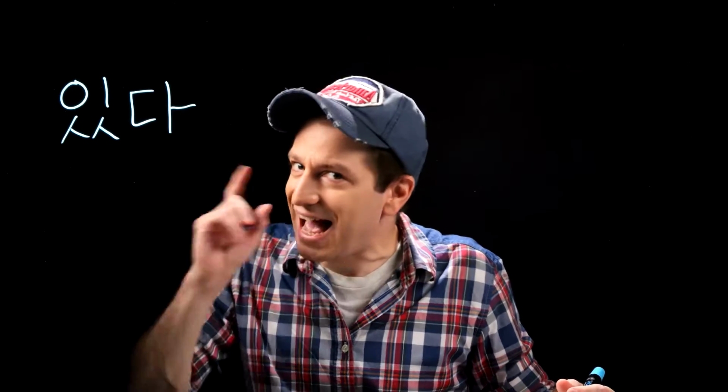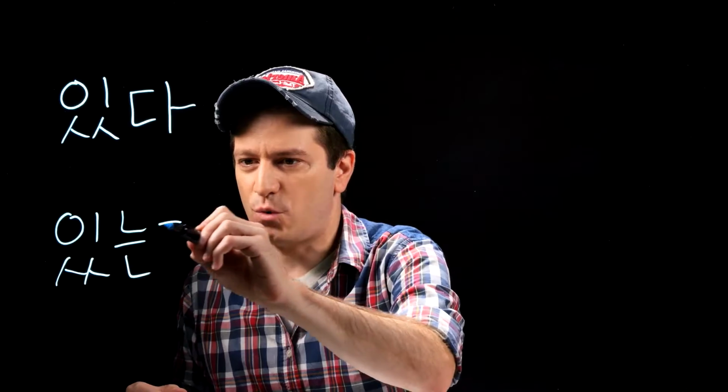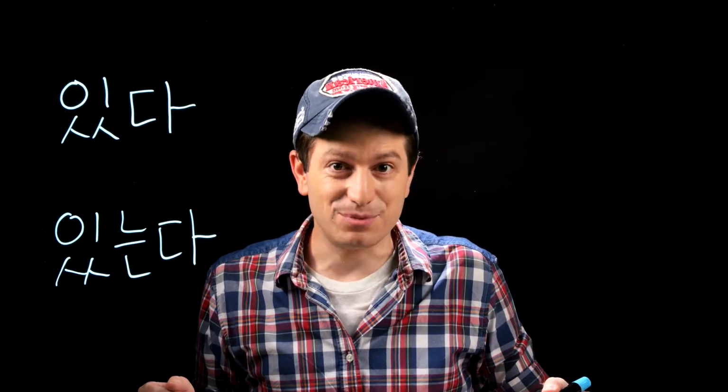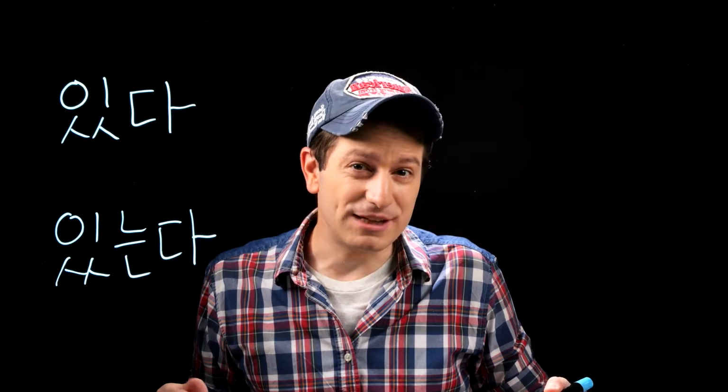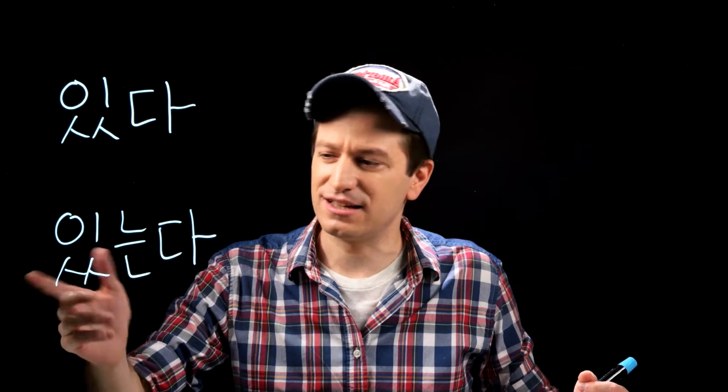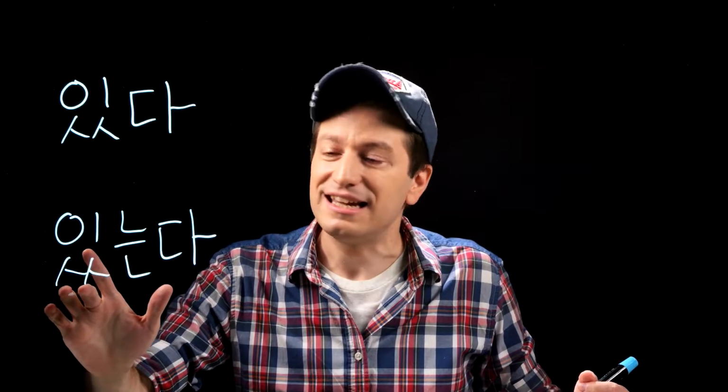But 있다, the action verb, is conjugated a bit differently because action verbs are conjugated differently in the present tense plain form. So while 있다, the descriptive verb, is conjugated as 있다 in the plain form, the action verb 있다, to stay, as in to stay put, instead conjugates as, or it's supposed to conjugate as, 있는다.